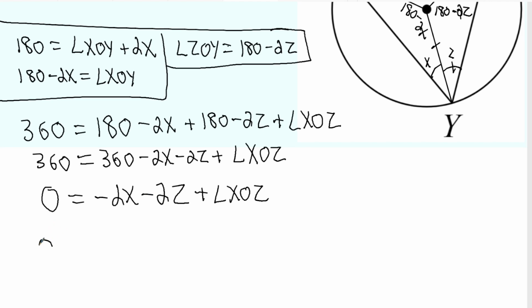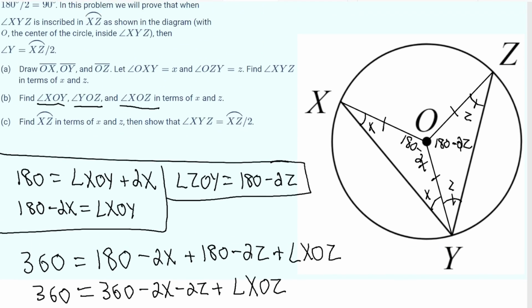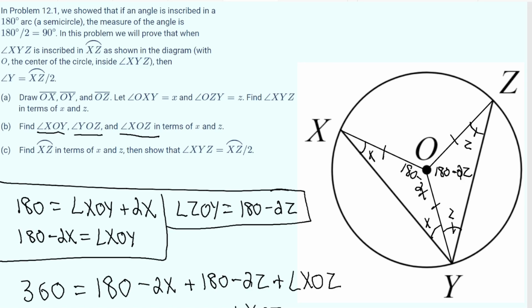We would get 2x plus 2z is equal to angle XOZ. And that's what we're looking for. XOZ is equal to 2x plus 2z.